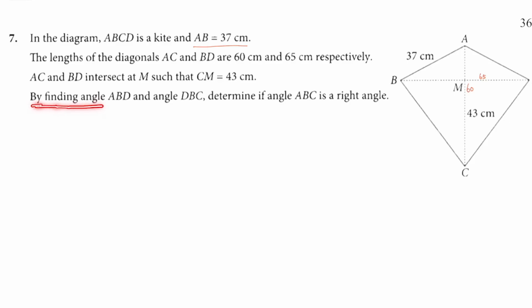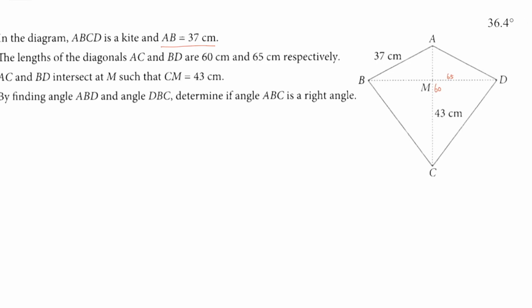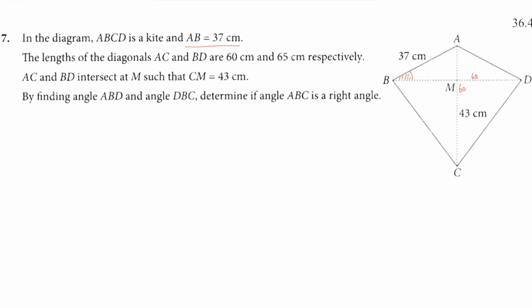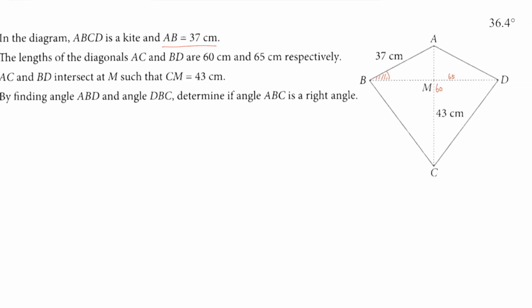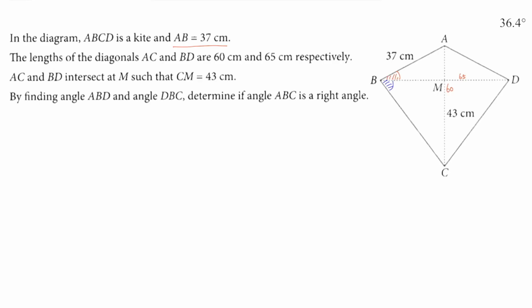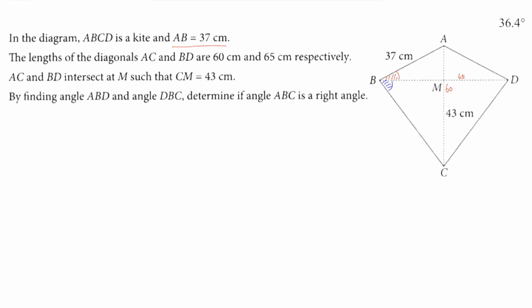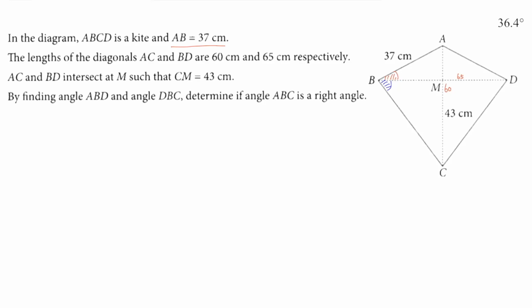By finding angle ABD, where is ABD? ABD is here, by finding this angle, and angle DBC. DBC is this angle, use a different color. Determine if the angle ABC is a right angle.